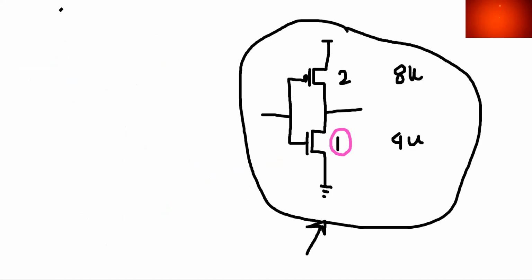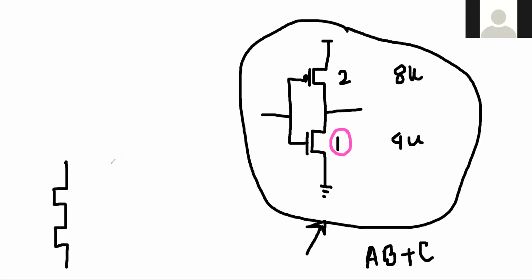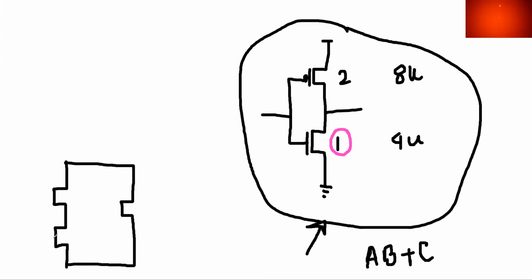Now we are going to design Y equals AB plus C. So what is AB? Multiplication. A and B must be in series, and C must be in parallel. AB plus C. This is your A, this is your B.